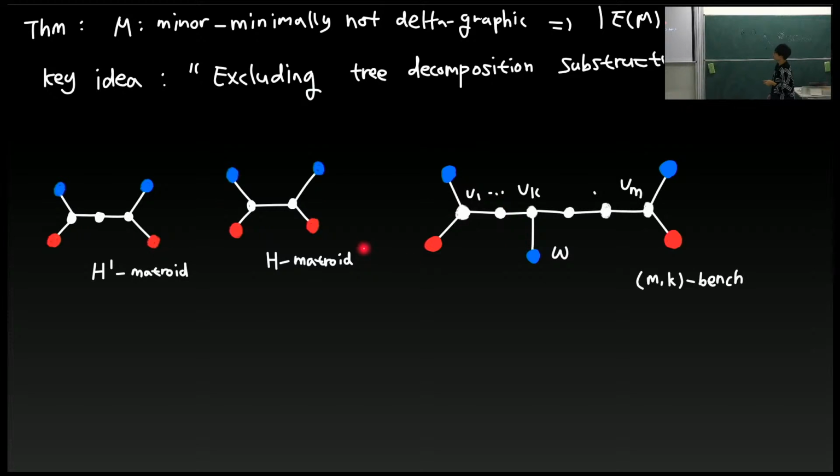Eventually it is an obstruction for the delta-graphic 3D composition structure. So using these 3 key ideas, we can prove the excluded minor characterization.